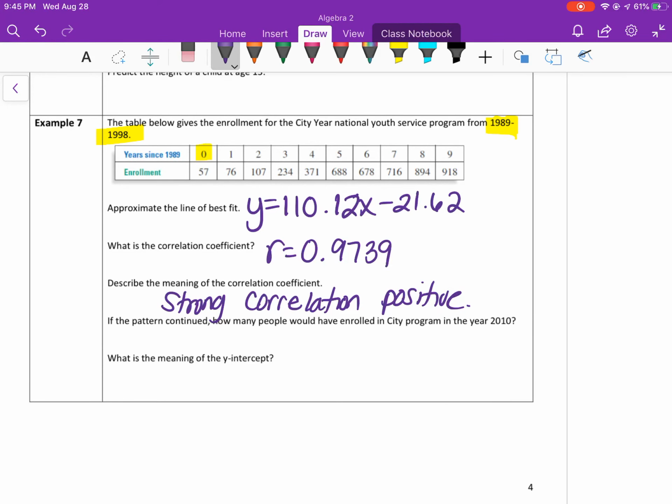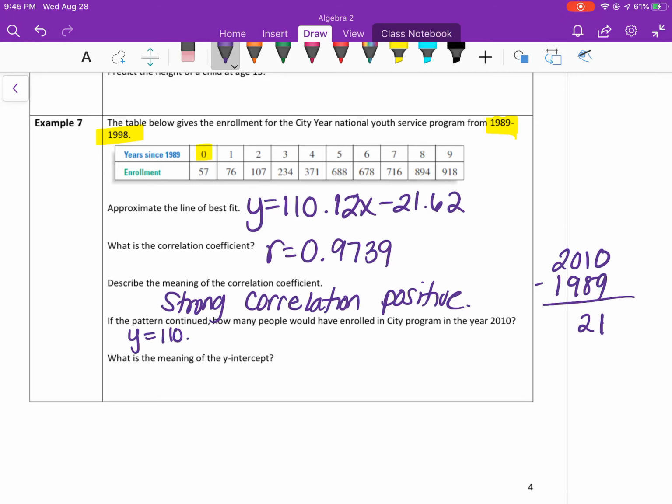Okay. So if the pattern continued, how many people would have been enrolled in 2010? So in 2010, how many years is that since 1989? So 2010, take away 1989, how many years is that? Should be 21 years, right? Yeah, 21 years. So I want to plug in 21 here.